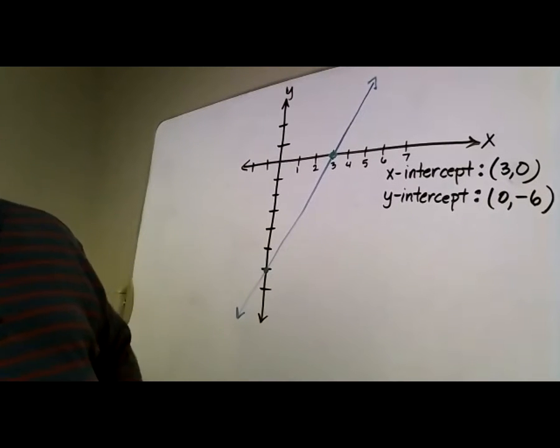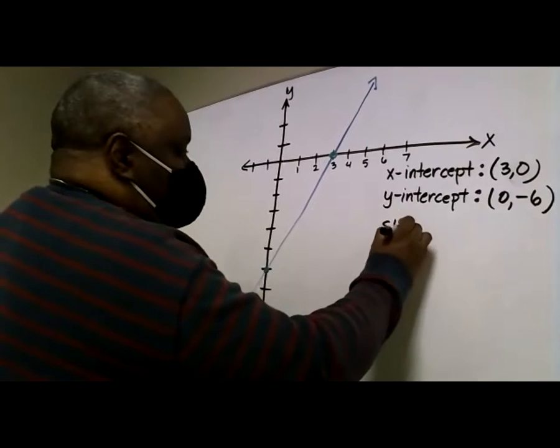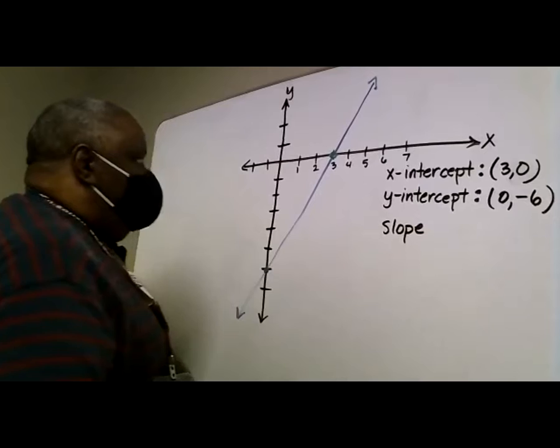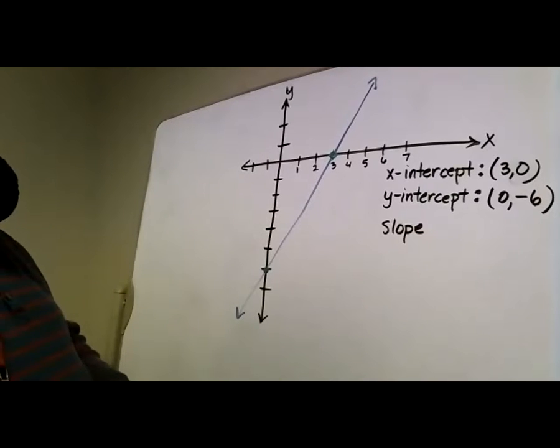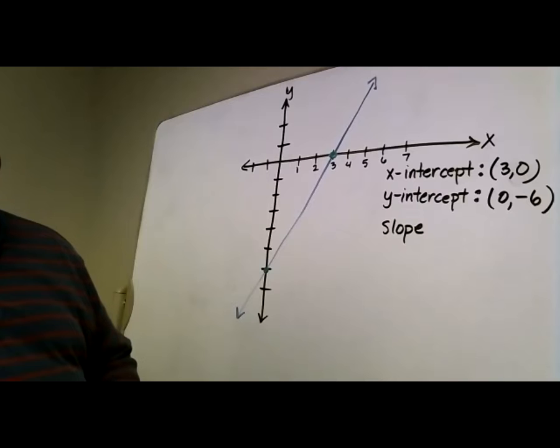And now they ask for the slope of the line shown. Now we're going to go from left to right on this.